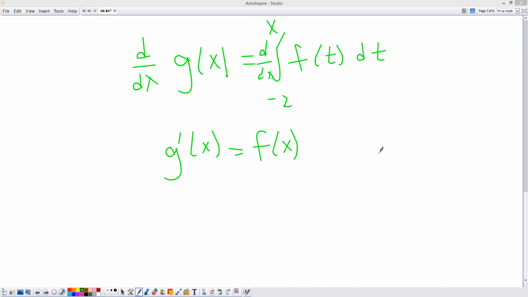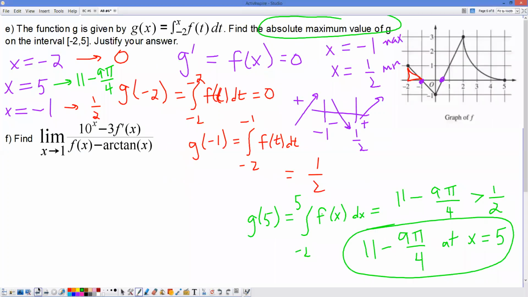Okay, and then so, Sean, since g prime is equal to f, to figure out the sign of g prime, we just look at the sign of f. And from -2 to -1, f is positive, right? It's going from 1 to 0, but it's a positive number, so g is increasing.